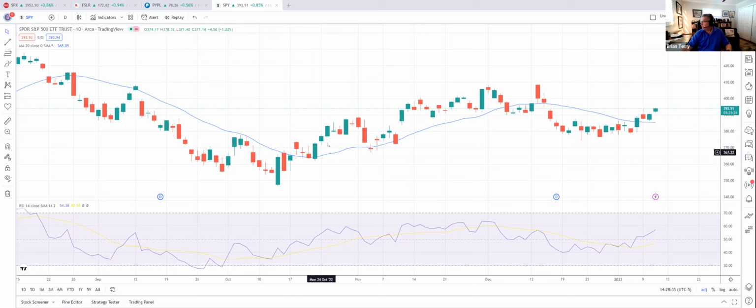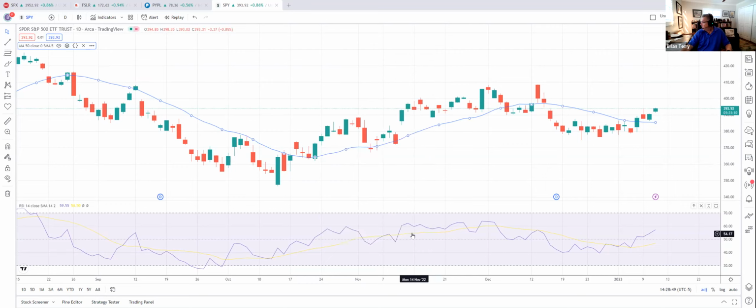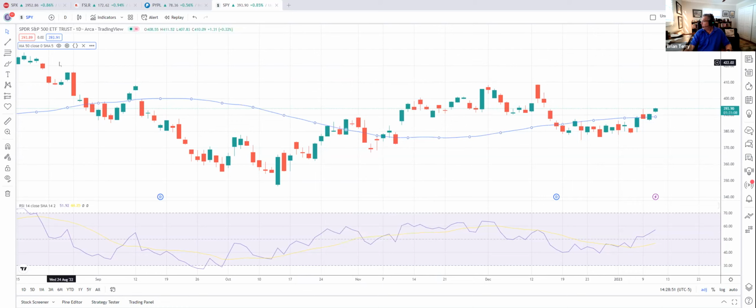And when it moves above it, it's bullish. So let's do a 50-day moving average, because that's one of the measurements we use in our market scorecard, right? We say, is the stock more than 5% above the 50-day moving average? So here's our moving average.